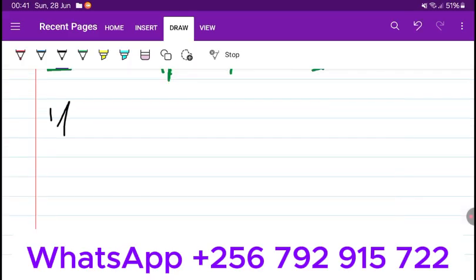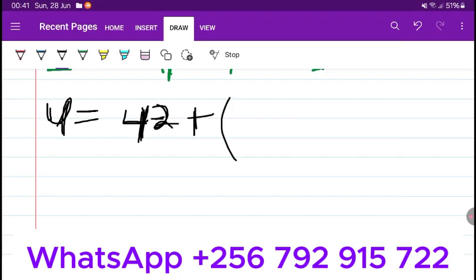So for the upper quartile, let me start with the upper quartile. This is the upper limit. We said it is the upper quartile which was 42 plus, of course, 1.5 times the interquartile range.